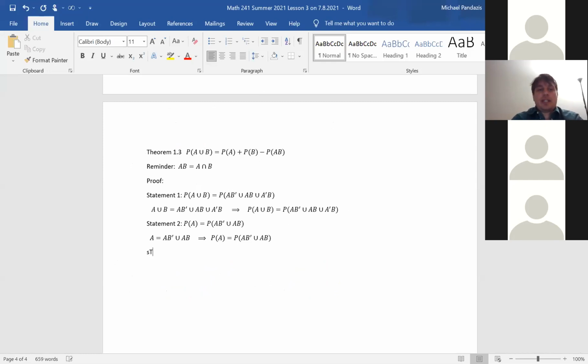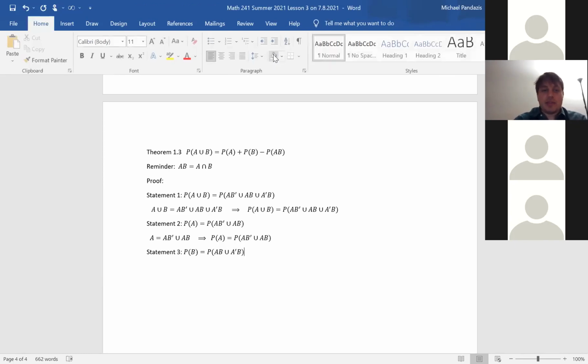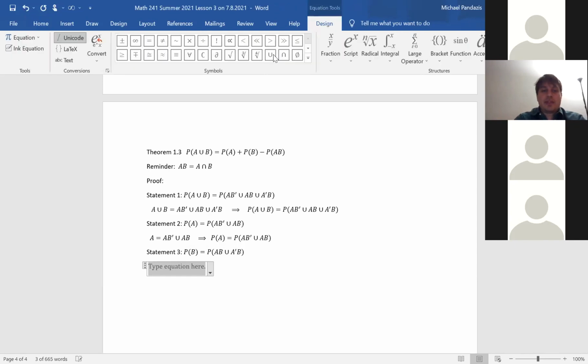Okay, and then statement 3. What I want to show with statement 3 is that P of B is equal to P of AB union A prime B. This is very similar to statement 2. We're kind of reversing the roles of the sets.